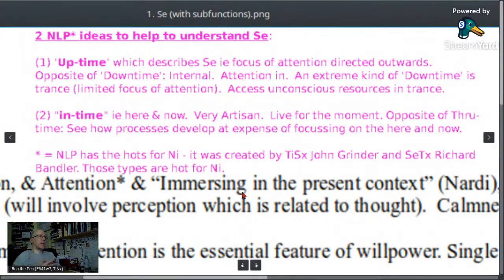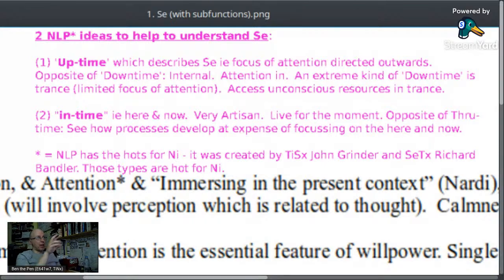So if you take that in, about these core features of SE, again, what would Keirsey write about artisans? In the moment. The place is here, the time is now. In this present context, as Dario wrote the chapter for SE in 8 Keys to Self-Leadership, immersing in the present context.